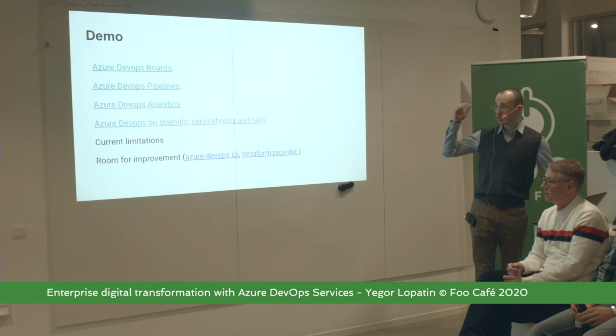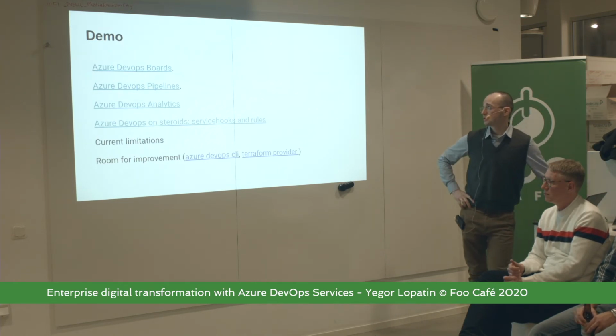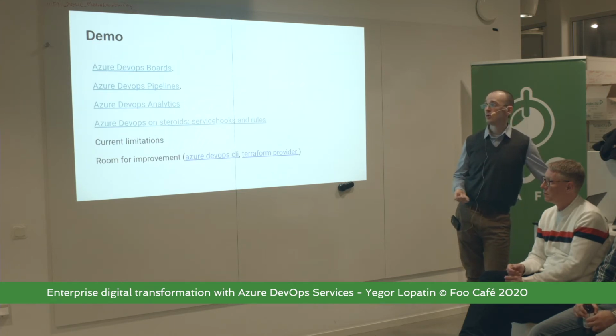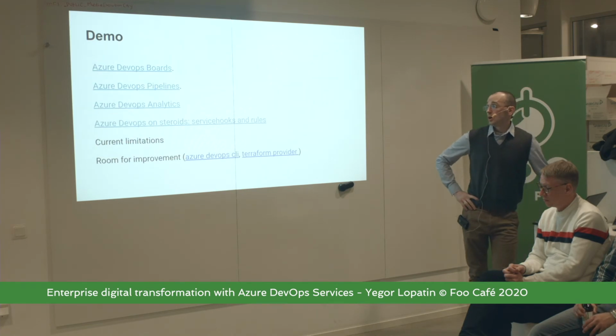Other problems we have already fixed by Azure DevOps on steroids, and analytics services, that is the former data warehouse on premise. Now they just moved that to a dedicated endpoint, and you can use it with OLAP cubes there and grab a lot of useful data for business intelligence.